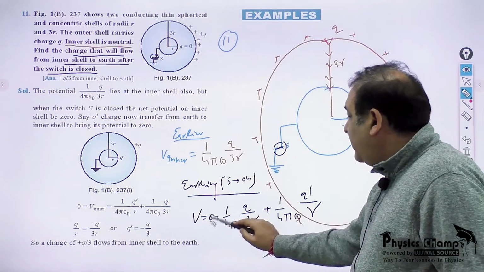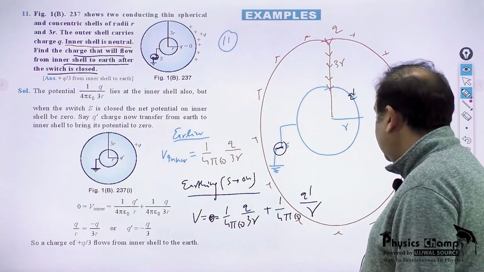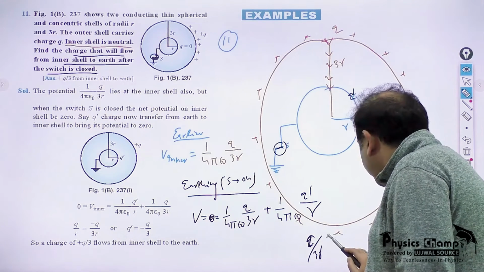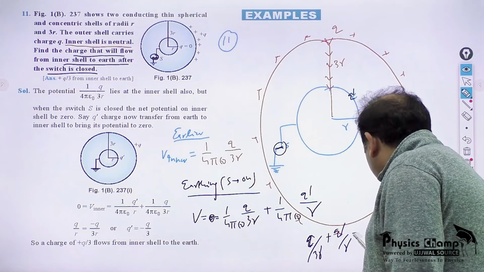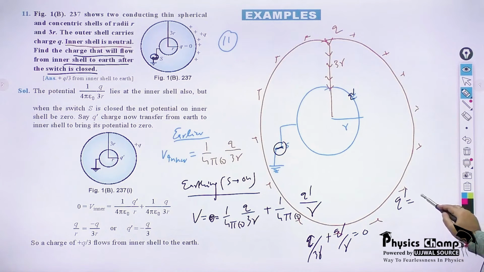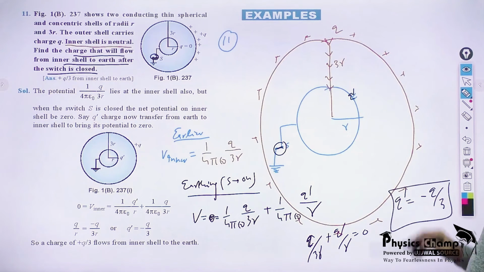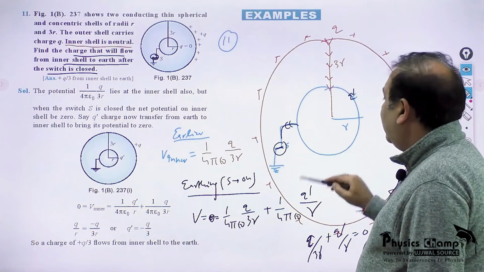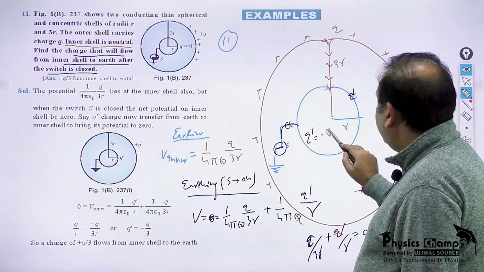But the sum of them has to be 0 because it is earthed. So q by 3r plus q dash by r equals 0. We get q dash equal to minus q by 3. It means some charge will leak from here, so that the final charge here is minus q by 3.